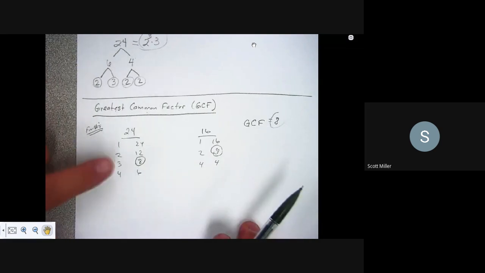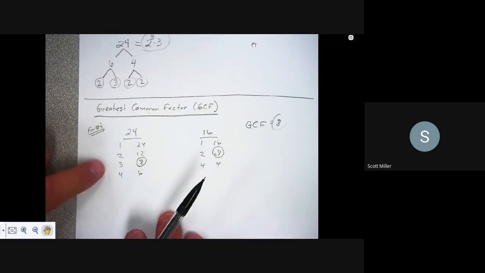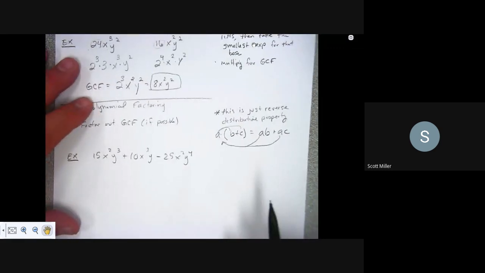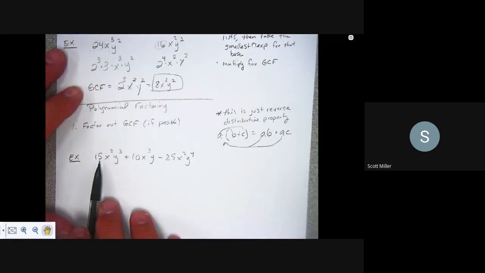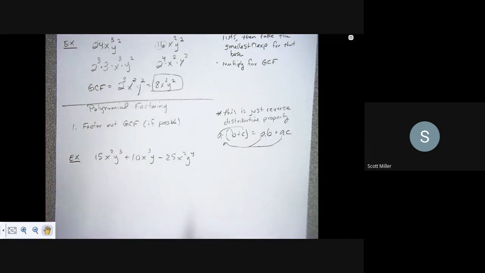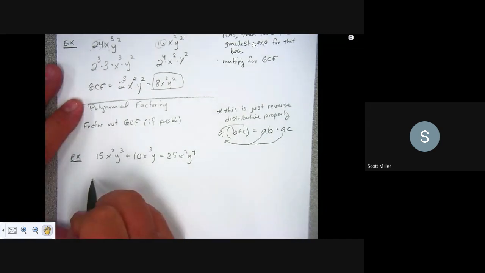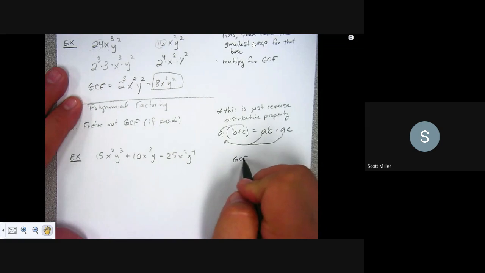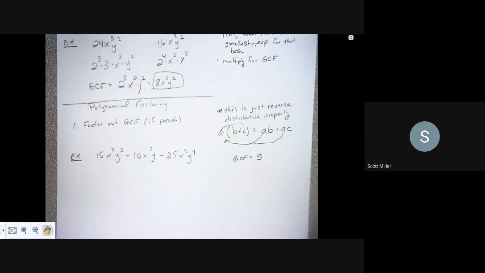For numbers, this to me is usually a lot faster, so I usually resort to this one right here. Most of you will like it too, because I don't have to find the prime factorization. What's the biggest number that goes into 15, into 10, and into 25? Almost everybody can recognize that it's going to be a 5. So the GCF is going to have a 5 in it, and there's no bigger one than 5.